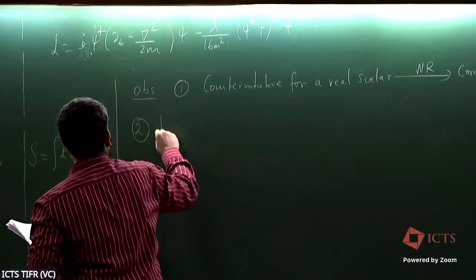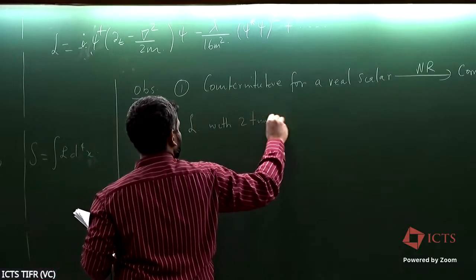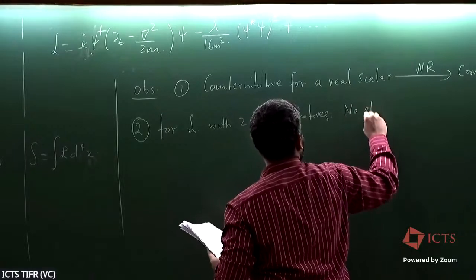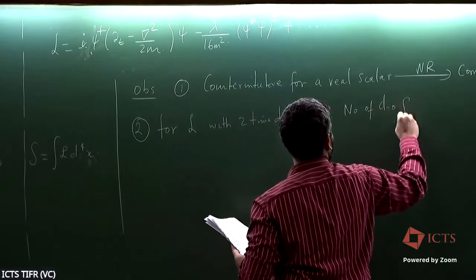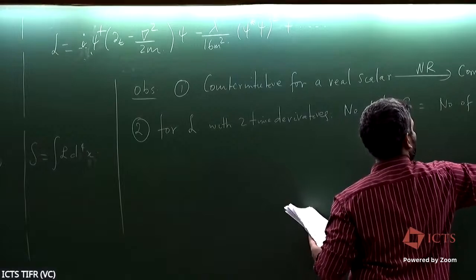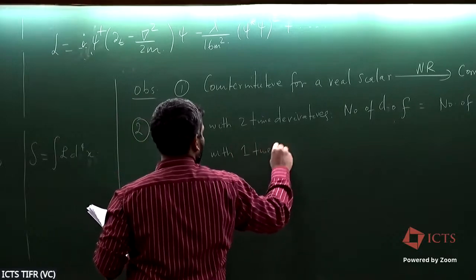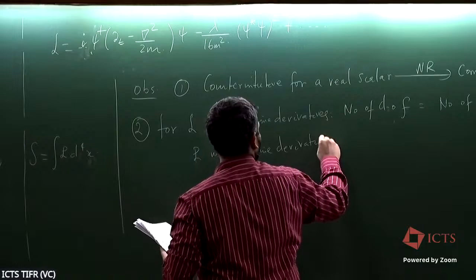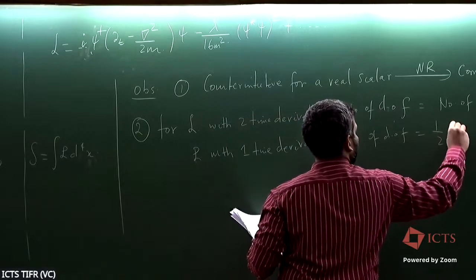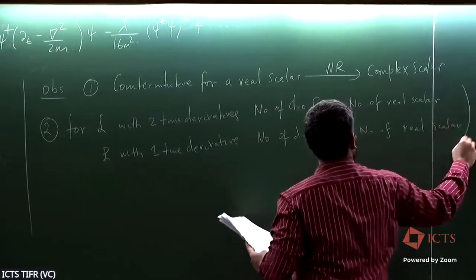Second, for a Lagrangian with two time derivatives, the number of degrees of freedom is the number of real scalar fields. And for a Lagrangian with one time derivative, the number of degrees of freedom is 1/2 the number of real scalars.